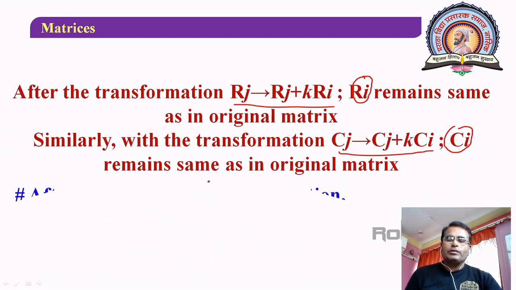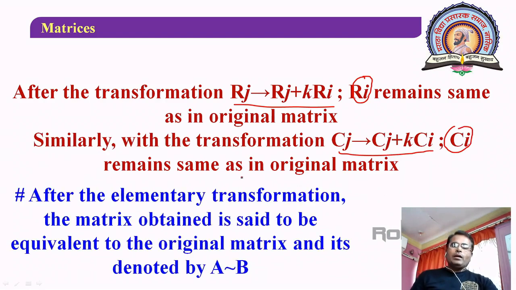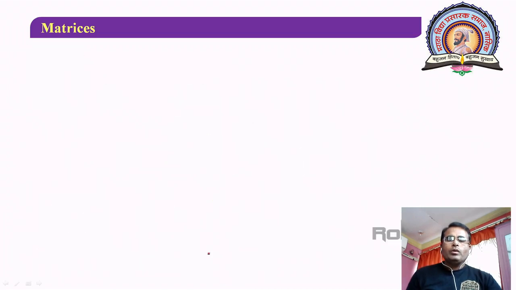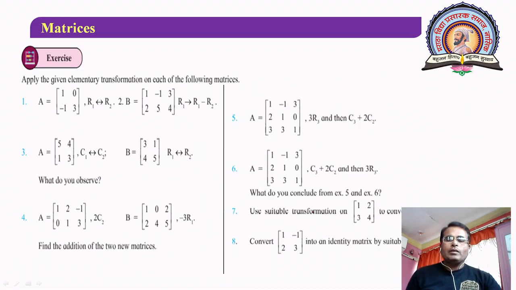And always remember that after an elementary transformation, the matrix obtained is said to be an equivalent matrix, not an equal matrix, and it is written as A equivalent to B. Is it clear? Okay.